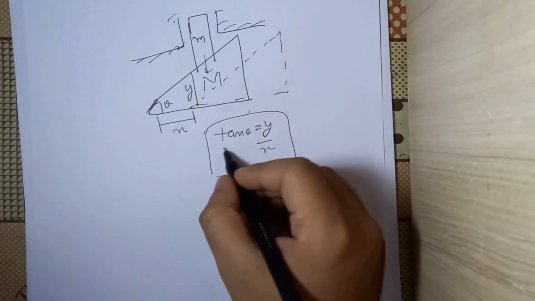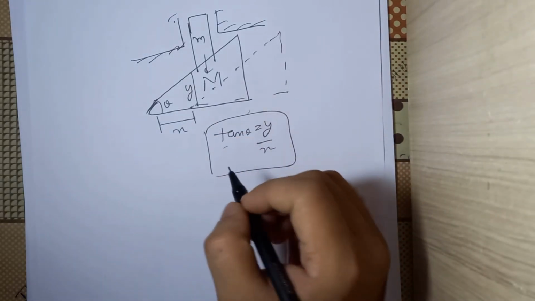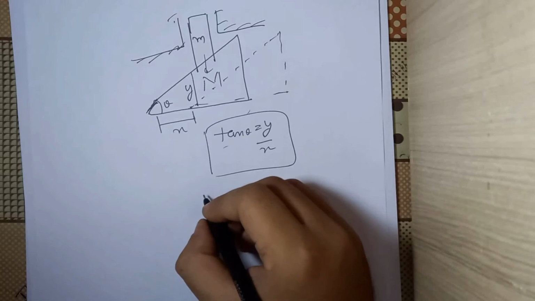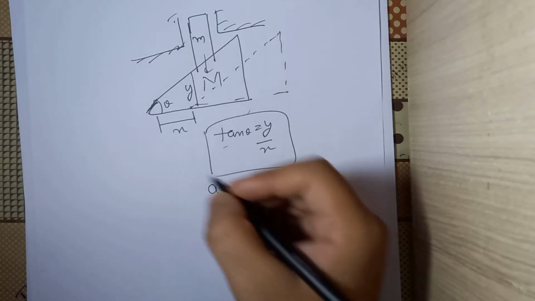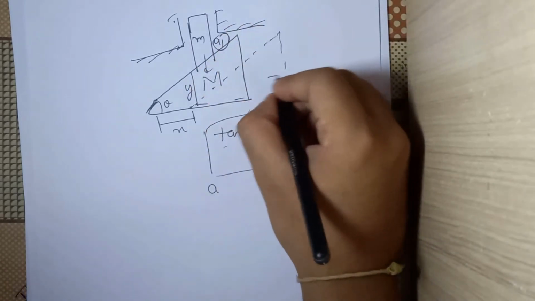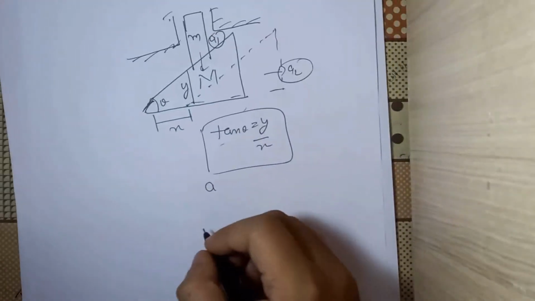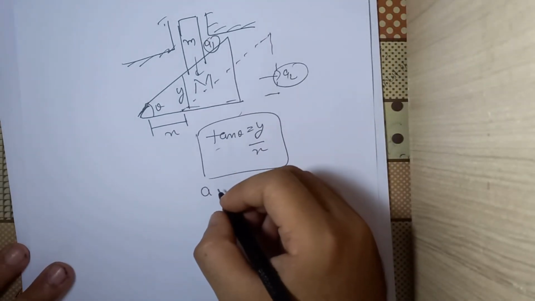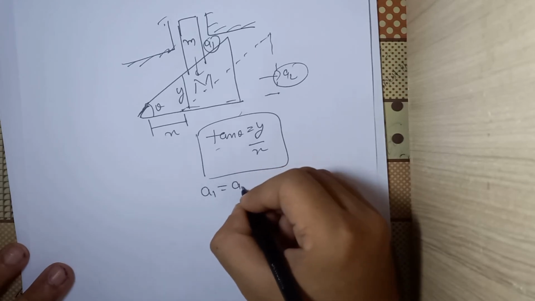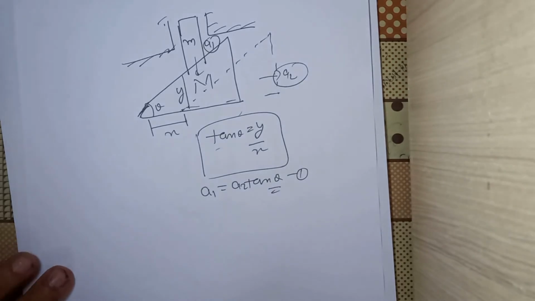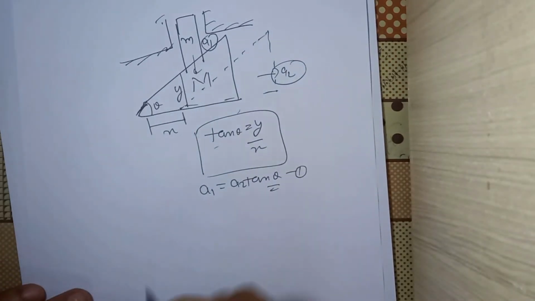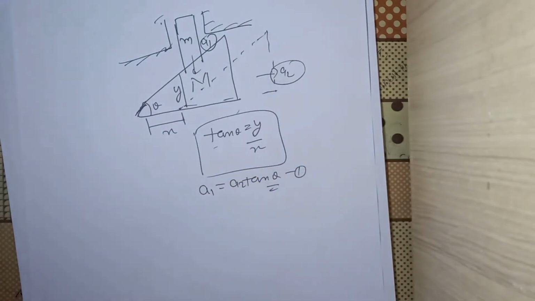Then you can differentiate it two times to get acceleration. Let's say the acceleration of this is a1 and the acceleration of this is a2. Then a1 should be equal to a2 tan theta. So this is equation 1 that we have. Then you can simply write the equations of motion for both the blocks and get their final accelerations.